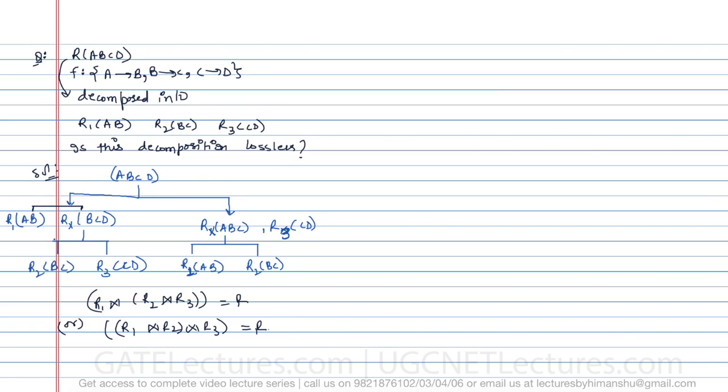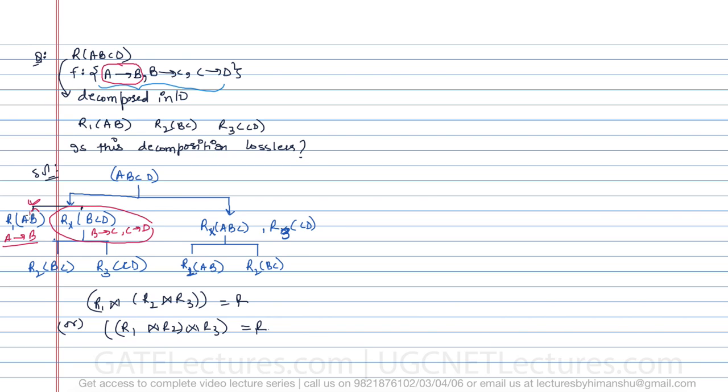Okay, so here they are already giving you some functional dependencies: A determines B, B determines C, and C determines D. In the first functional dependency, A determines B, if you are breaking the relation like this, then A determines B will be there, right? And the other functional dependencies, B determines C and C determines D, will be valid for this table.